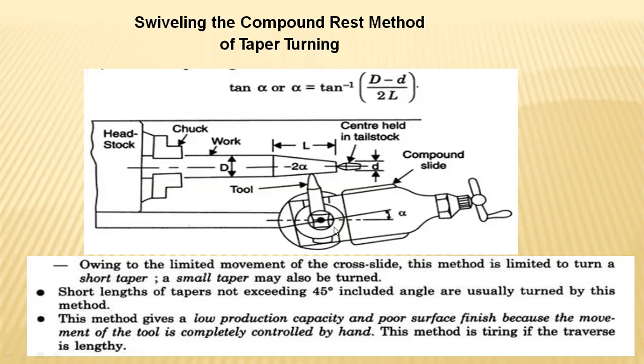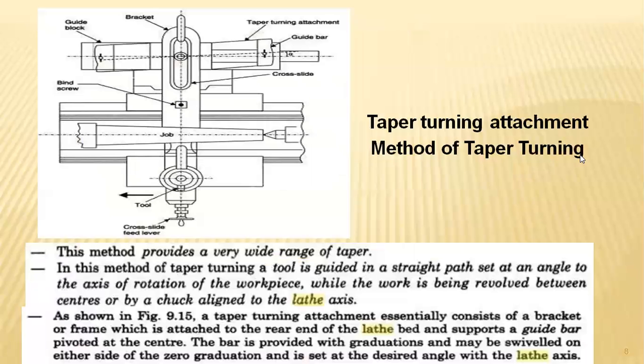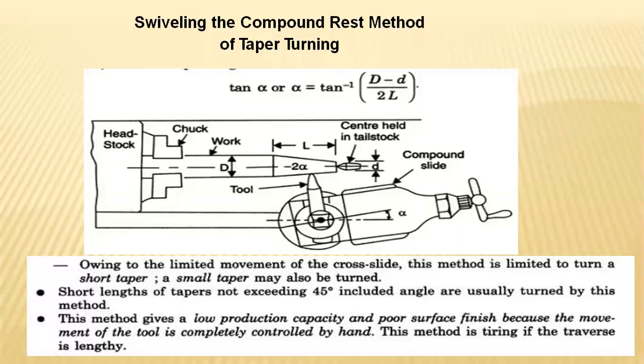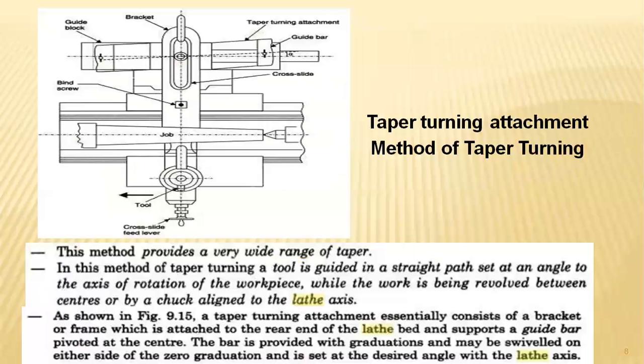Due to this, a low surface finish will be obtained. There is a greater disadvantage in the case of this swiveling, the compound rest method for the taper turning process.